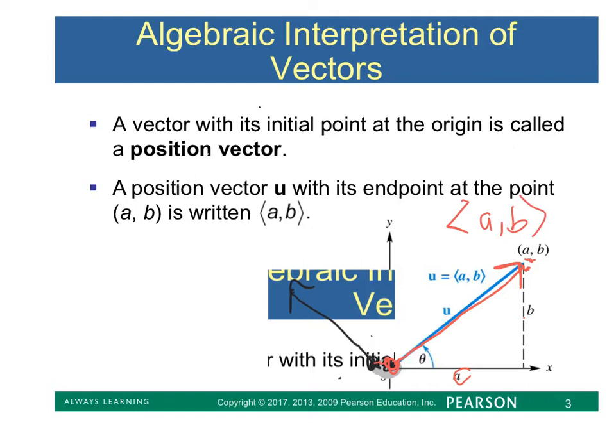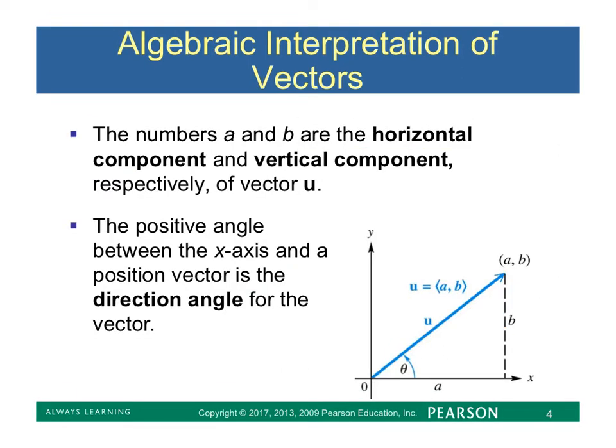When you see this, and let me call that vector U, you always know it's starting at 0, 0 and it ends at AB. Position vector, initial point at the origin. Good lesson.